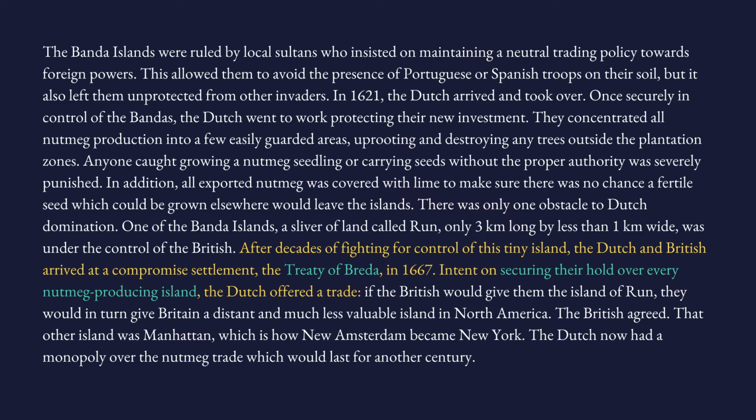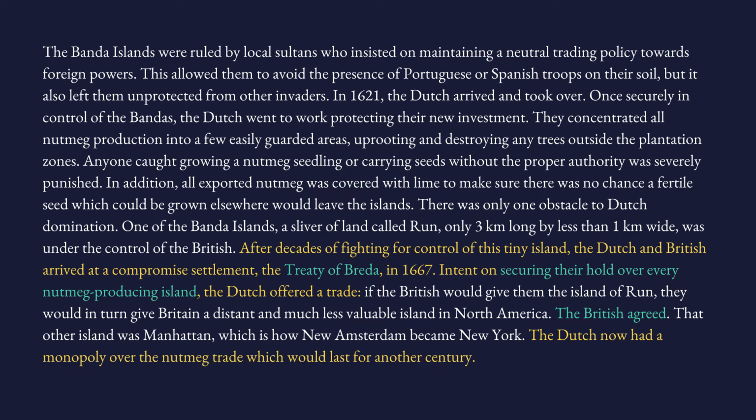So basically the Dutch wanted to take control of the entire island, right? So they offered a trade. What is the trade? We really don't care about the details. You read it. I'm not saying that you shouldn't read it, but we don't care about the details. What is the outcome? The outcome is this. The British agreed, which means the Dutch got the control by having the British agree to their offer.